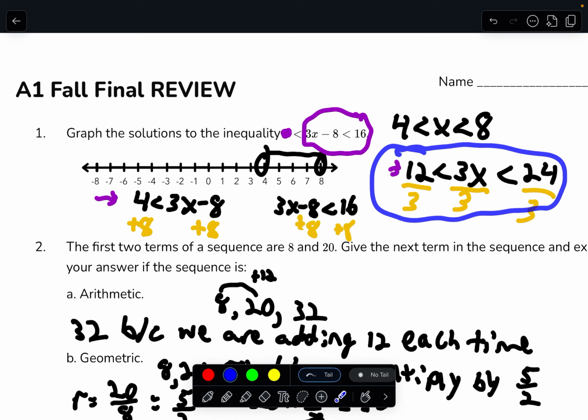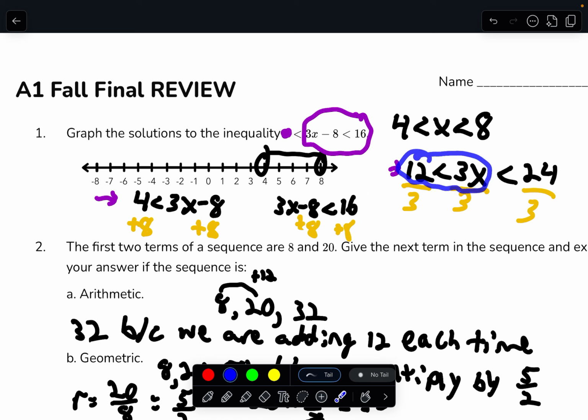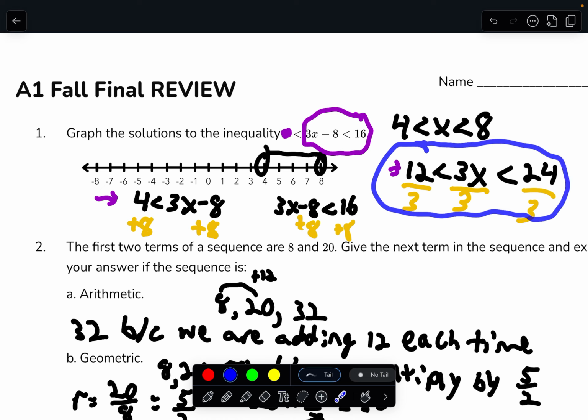All right. So we got this 12 less than 3x from here. We got this right here to be from there. So now we have this inequality to solve. So what do we do? We divide by 3.